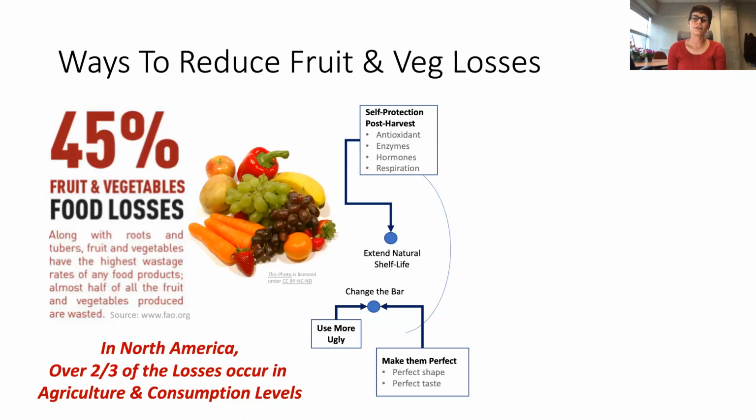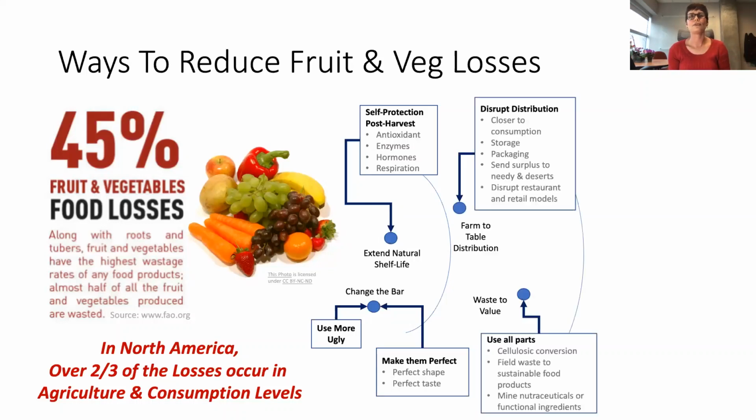So can we do some type of crop management or plant breeding or genetic modifications that actually improve the resistance of the crop to last longer? Use more the ugly, so change the bar, make them perfect shape, perfect taste. So different ways of tackling it. Either you make it more perfect, or you can use the ugly and process in a way that is going to be accepted by the consumers.